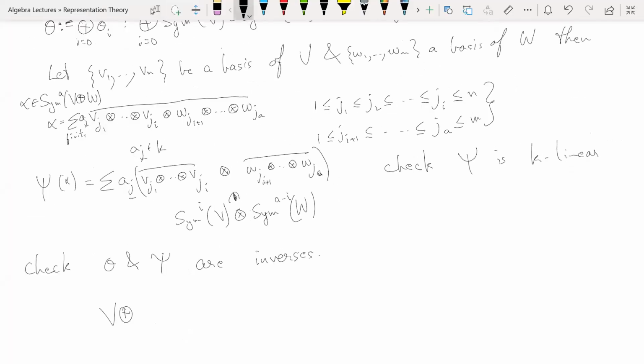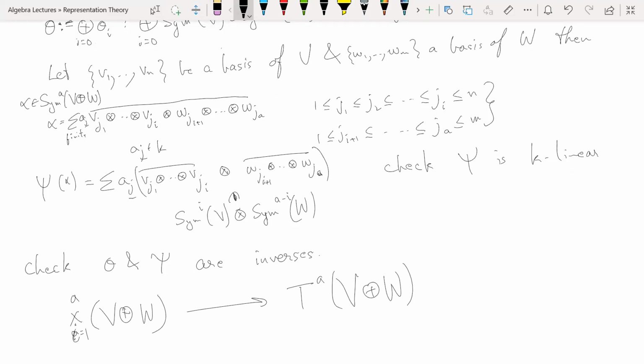There are A copies of V plus W, so maybe write it as the product, i equals 1 to A, of T^A(V plus W). This is your map.